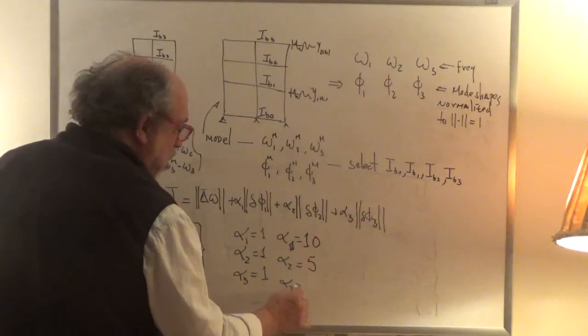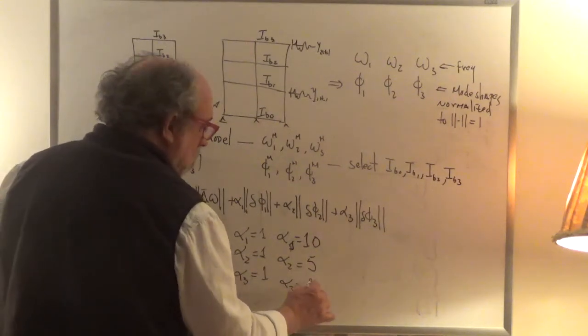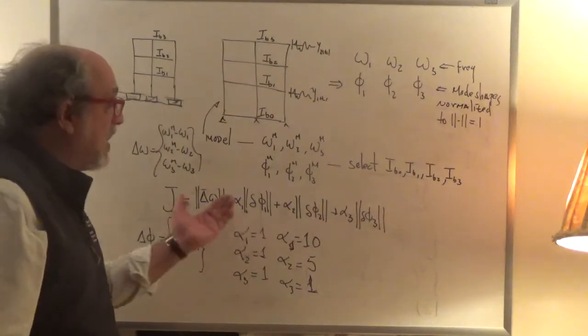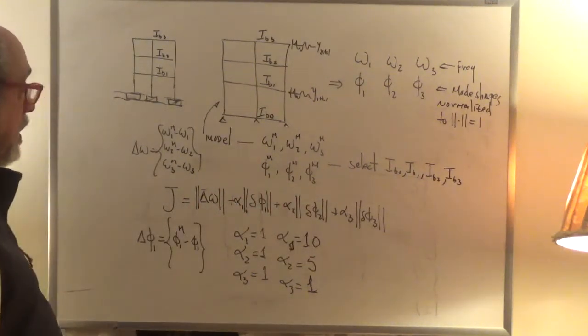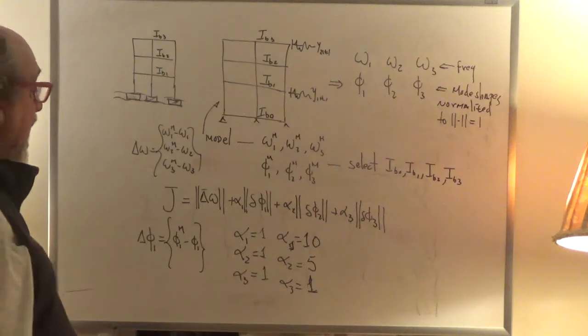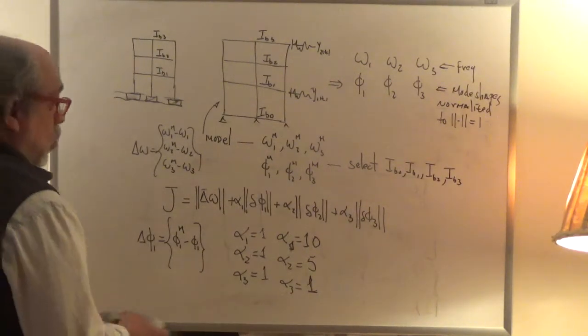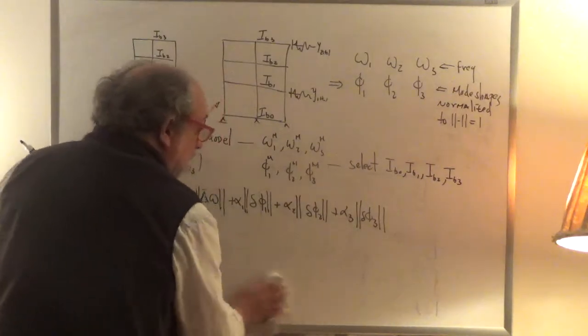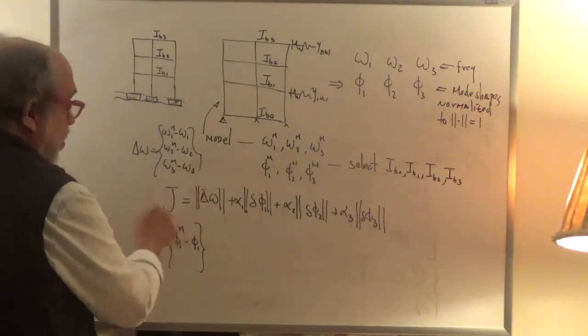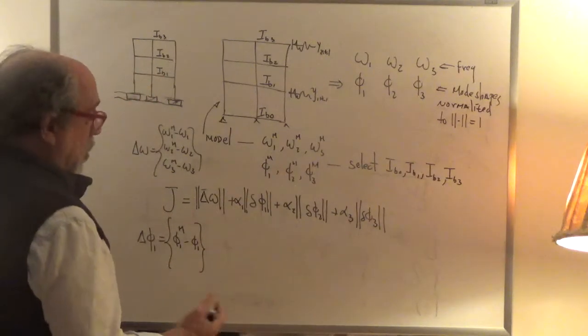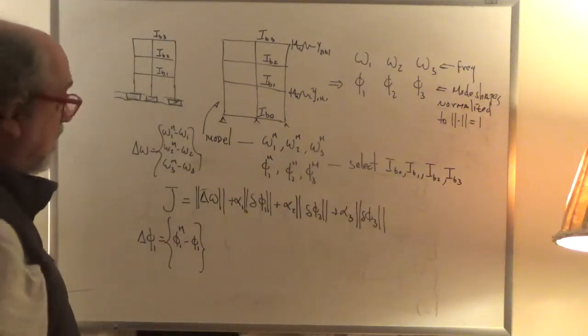And I don't believe my third mode so much, so I'm going to leave that one as a 1. So these numbers can reflect the confidence that you have on these values, right? In any case, once you have made that decision with regards to the weighting values, then you have a cost function.